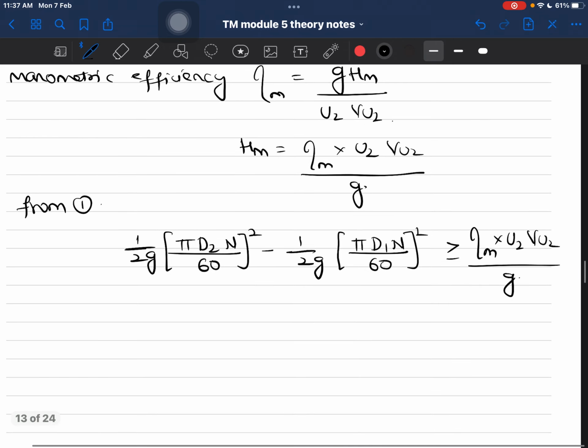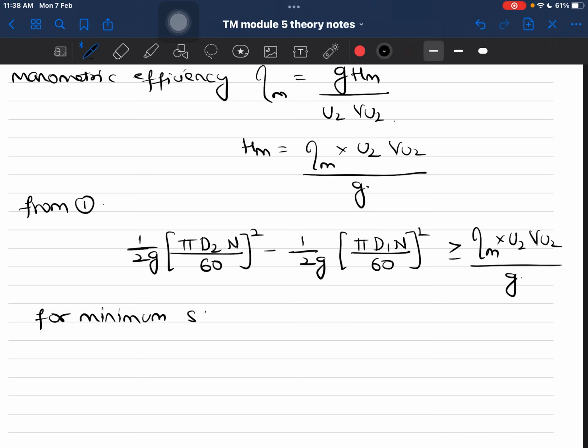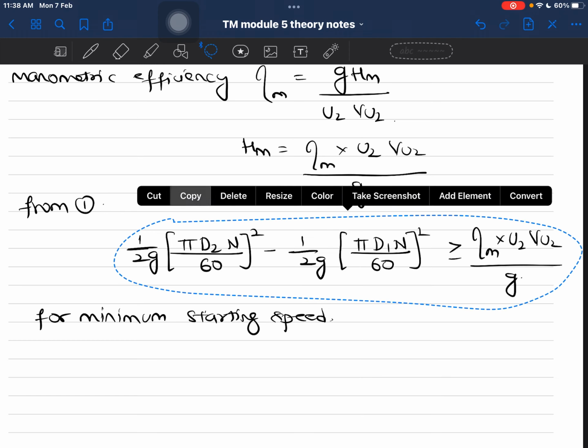Now, for minimum starting speed, this has to be equal to, since your aim is to find N, so that is why you will equate this particular equation now.